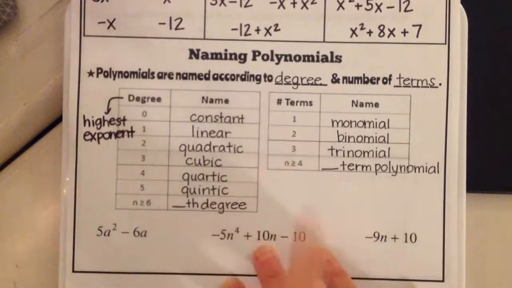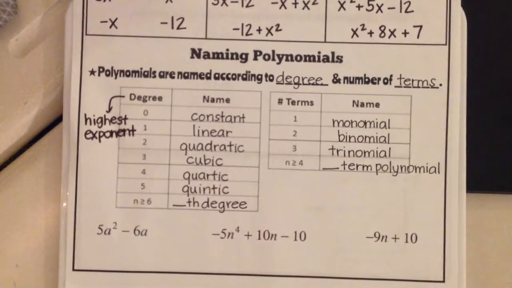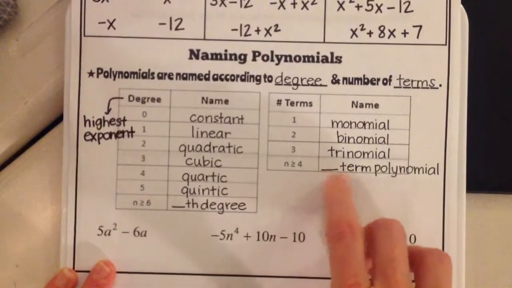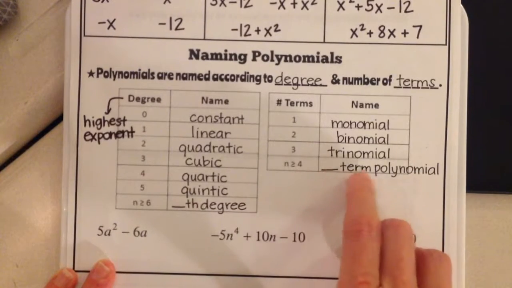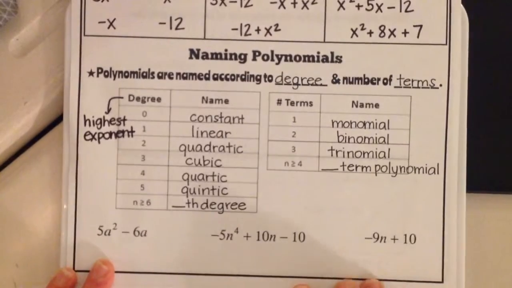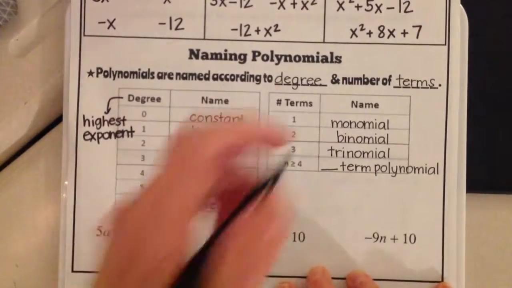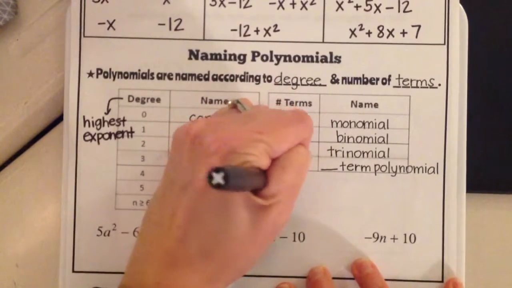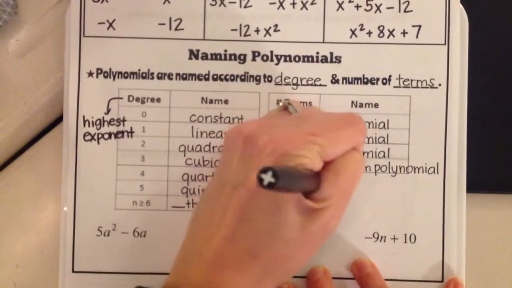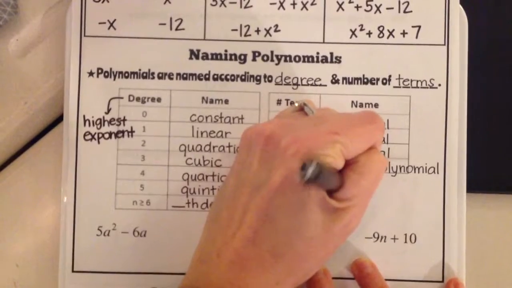The second name is going to come from the number of terms. So you could have monomial, binomial, trinomial, and I've given you some examples up here. Once you get to 4 or more terms, you're going to say the number term polynomial, 4-term polynomial, 5-term polynomial, 20th term polynomial, okay? And you put these together in a specific order. So you can think of it as your polynomial having a first name and a second name.